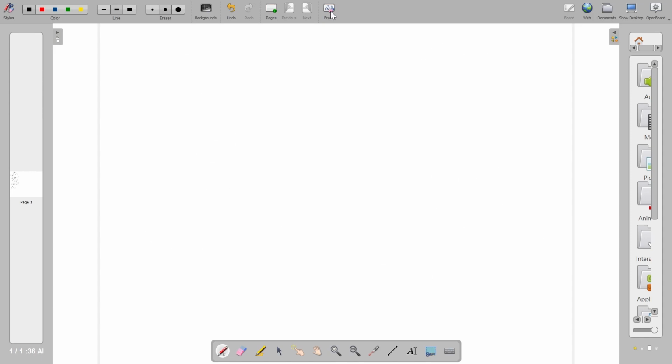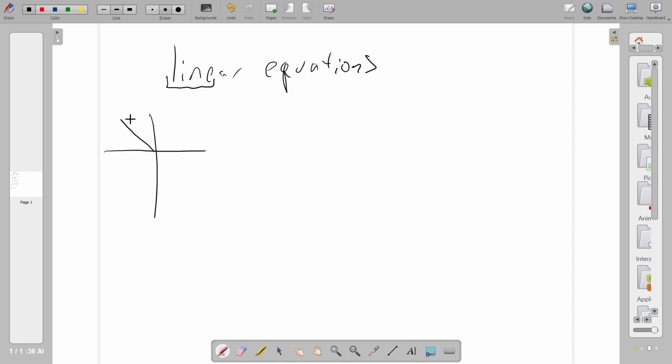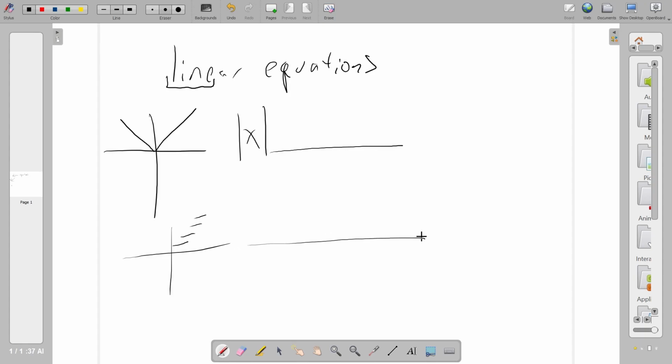Up until now, we've been talking about linear equations. Linear equations form a line when you graph them. So we've had, what was that called again? Anybody remember? I'll leave that to you. That's a certain type of graph. Then we have a type of graph that goes like this. You should know what that's called.